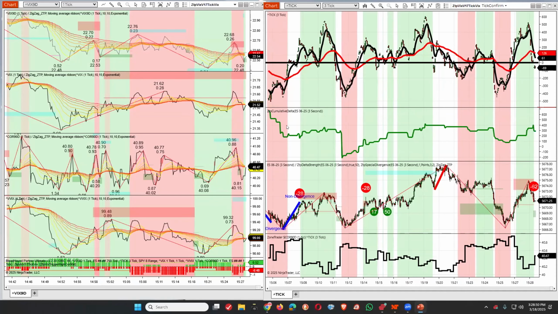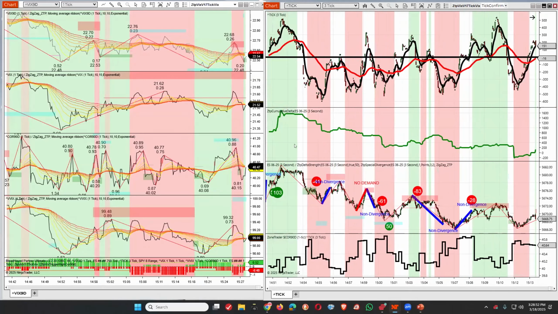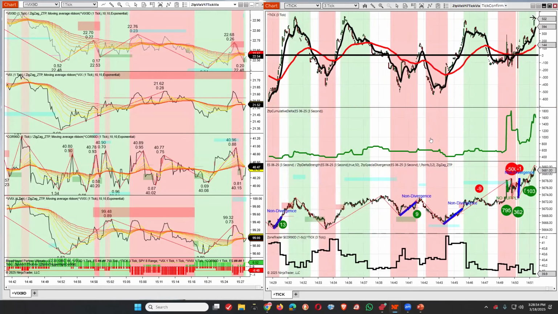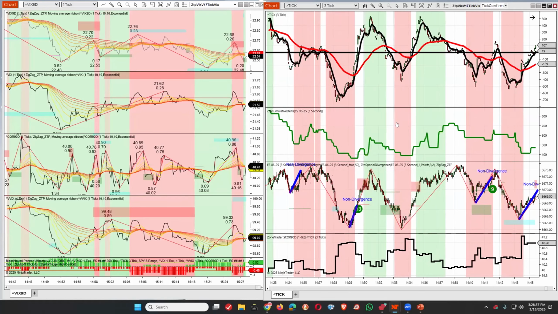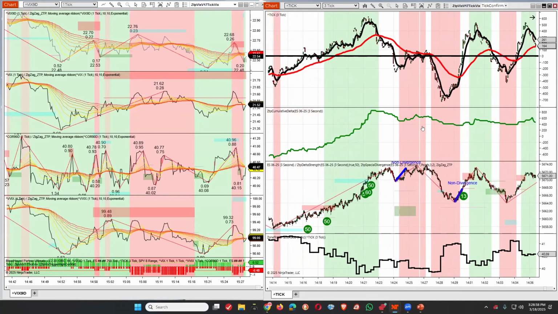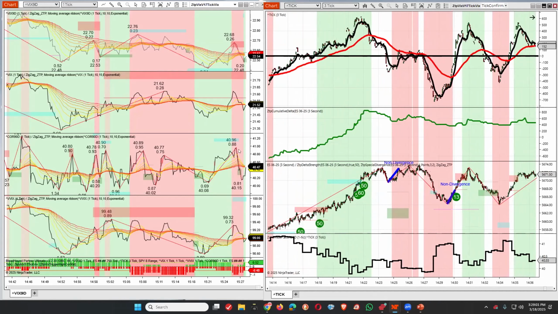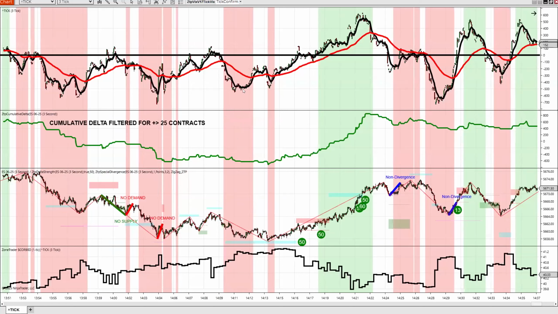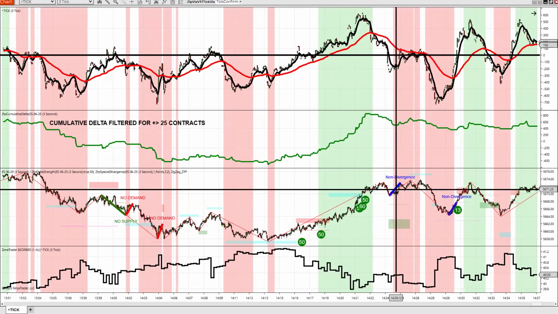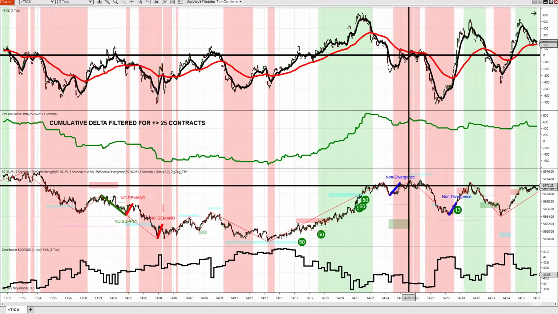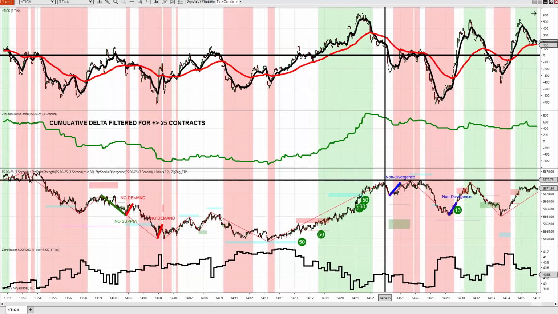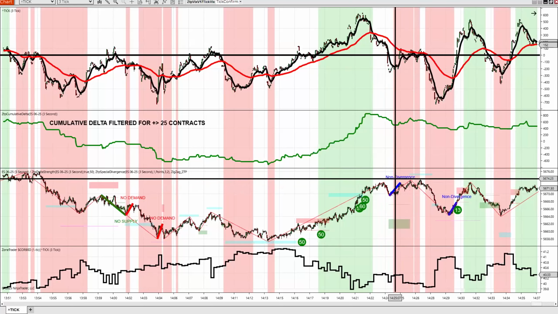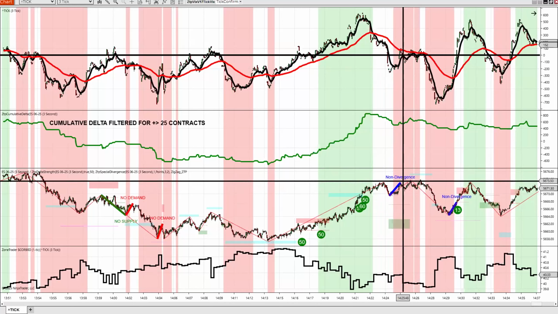So this is kind of interesting, what we had going on back here, back at 1426. And I'll just make this a little bit larger. What was really interesting is back at this high back here, basically first we got divergence, but then it broke.